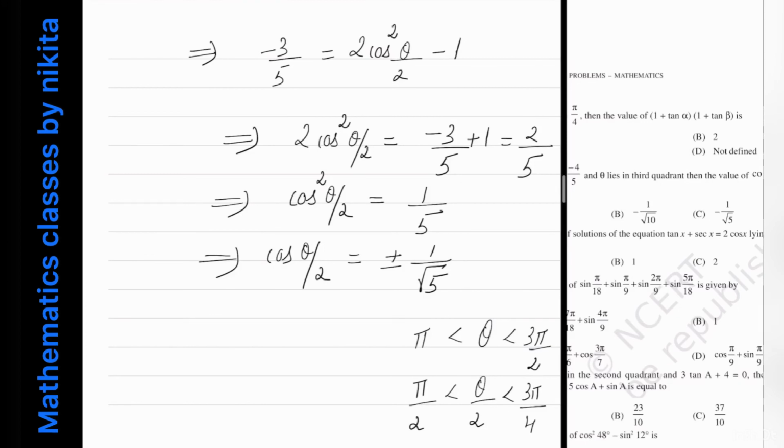So in the second quadrant also, cos is negative. So theta by 2 lies in second quadrant. So therefore cos theta by 2 is equal to minus 1 by root 5.